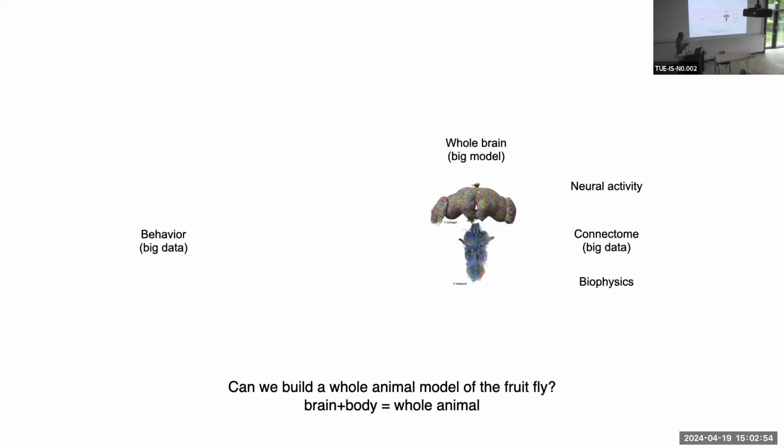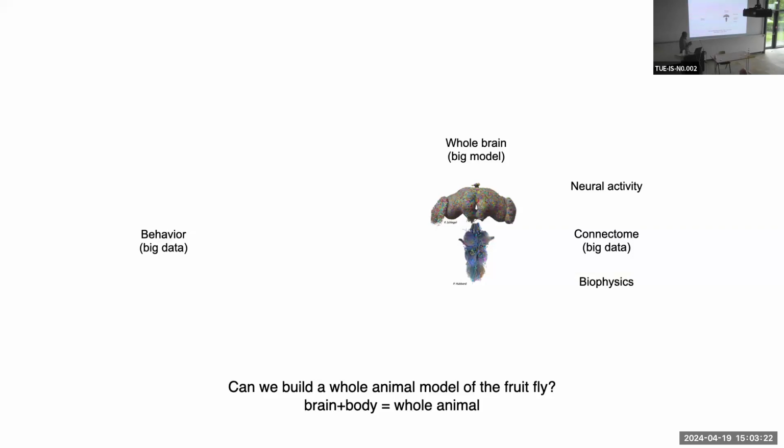So it's small. Biophysics, again, is small measurements. It's not really comprehensive. But behavior, we've been able to collect for a long time. That's something that we can imagine, just pointing a camera at flies and collecting huge amounts of data. These are the data that we can imagine bringing to bear to build one model.